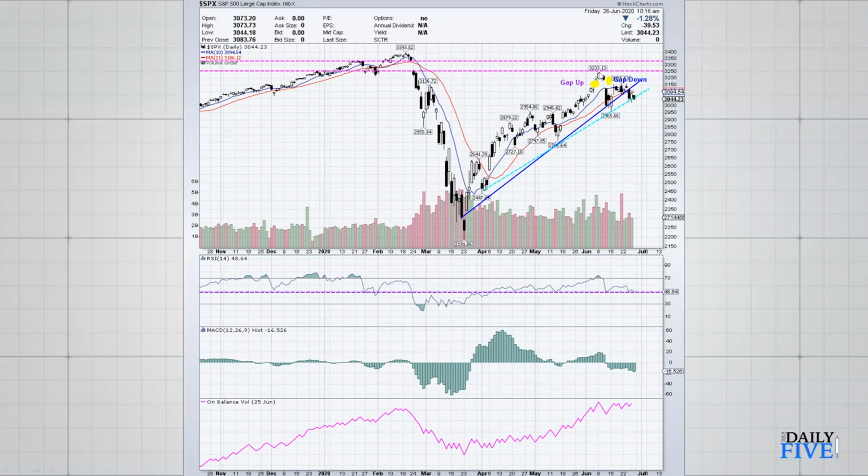The price in early June has another island reversal. You can see where the yellow circles are. We have the gap up there, and we have the gap down. Between these pink lines here, back from February, we had this large gap.